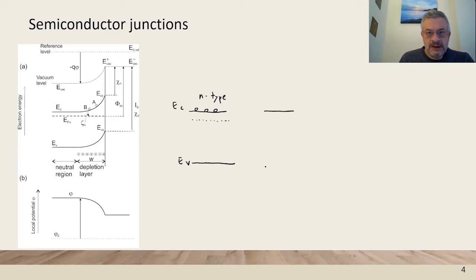Or if the Fermi level is close to the valence band, then this is P-type, and it has holes in the valence band and very few electrons. This is called the majority carrier, because it is abundant in the semiconductor.